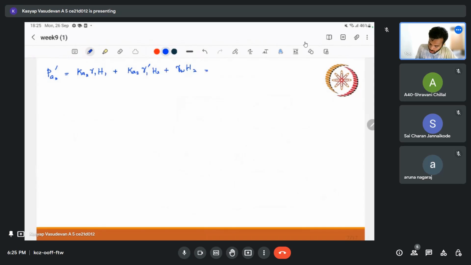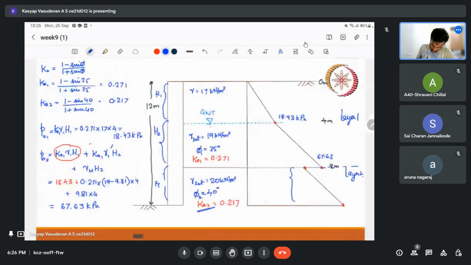So this will be 0.217 into 17 into 4 plus 0.217 into 19 minus 9.81 into 4 plus 9.81 into 4. This turns out to be 61.97. So you can see that it's slightly lesser than our previous value. So my pressure will be 61.97.